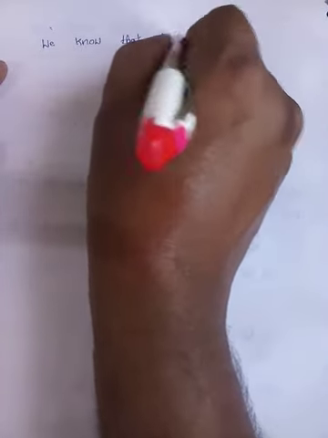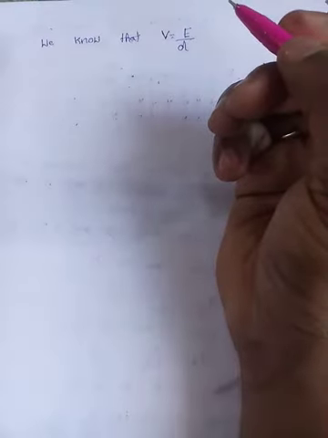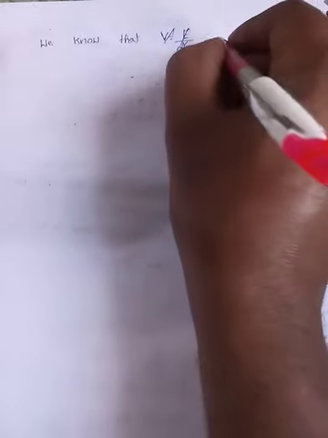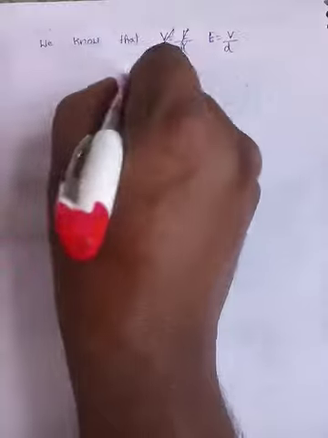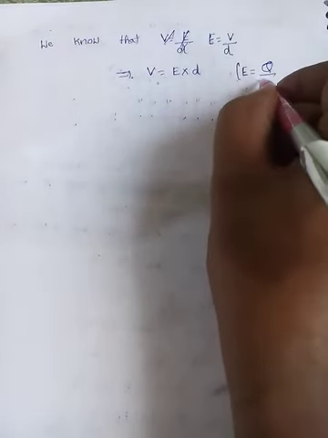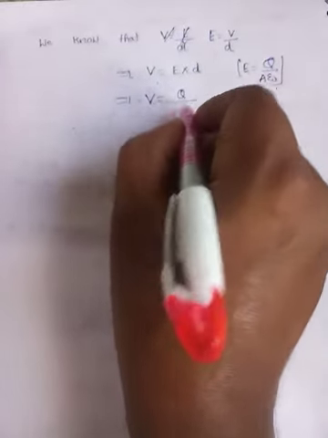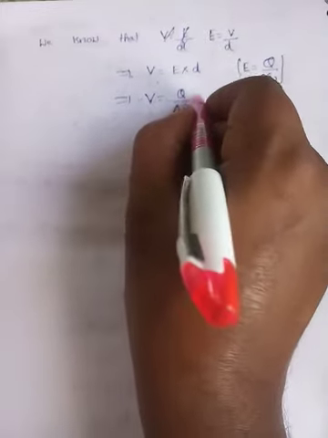We know that E is equal to V by d. From this, V is equal to E into d. Already we derived the electric field, Q by A epsilon naught. Substituting this value, V is equal to what? Q by A epsilon naught into d.